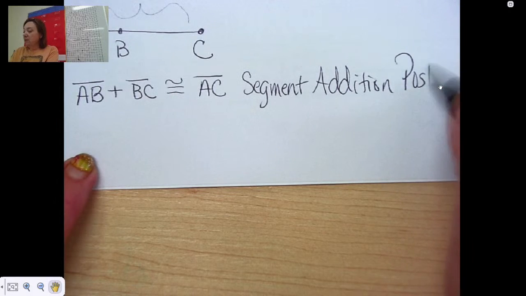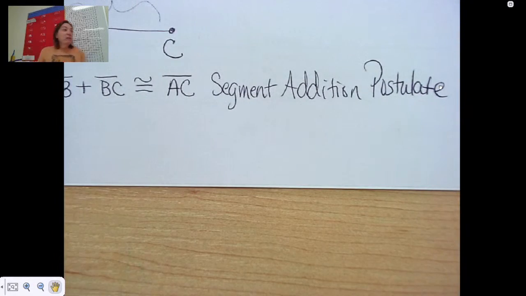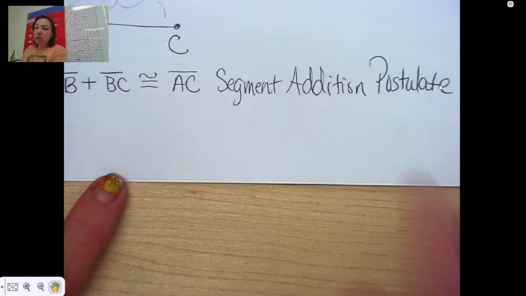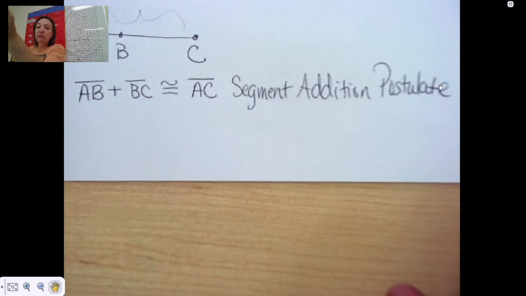postulate. Now that's the first time we've used that word, isn't it? All postulate means is geometry rule. That's all it means. It's just another way of saying a rule. It's something that's assumed to be true. If you Google the word postulate, it says something like things that are assumed to be true over time. Okay? So that's the segment addition postulate. Now we're going to piggyback on that just a little bit.